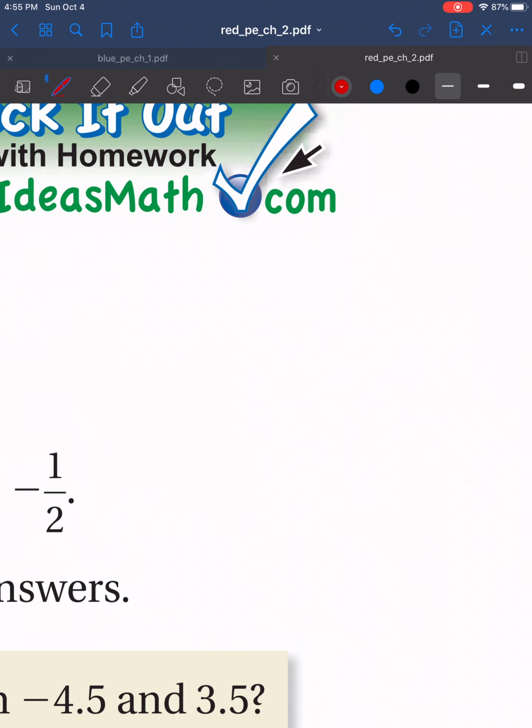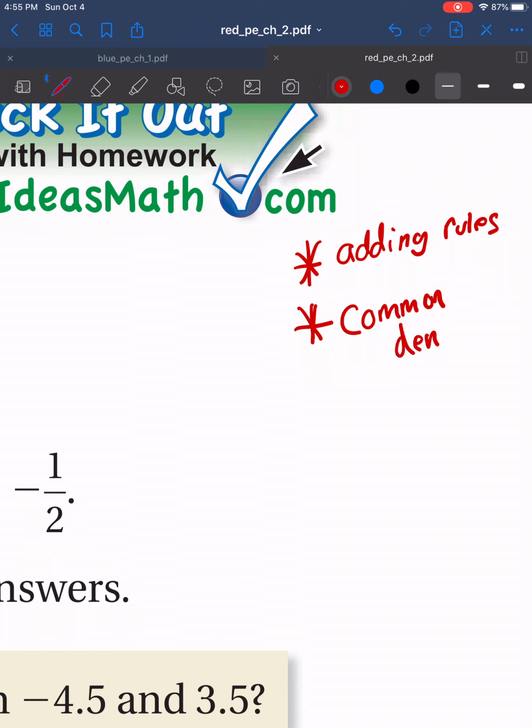So many of them. First, don't forget your adding rules. Like, if signs are different, we subtract. If signs are the same, we add. And then you give the sign of the bigger number, blah, blah, blah. Don't forget the adding rules. Don't forget common denominators.